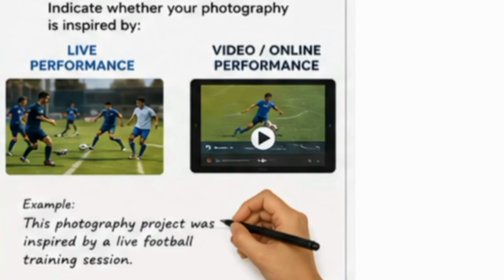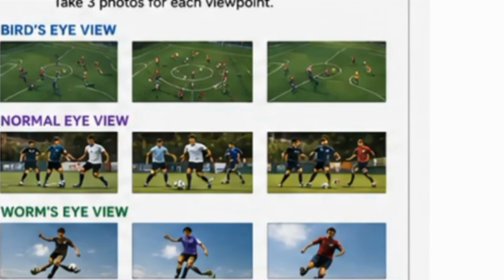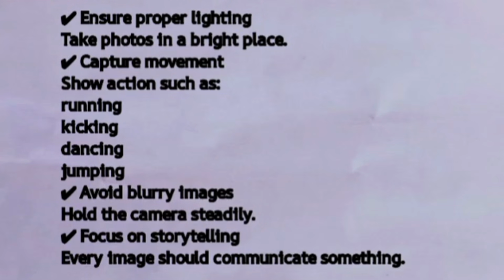Then another area, let's talk about important tips for good photos. Under here, let us ensure that we have proper lighting. Then let us capture movement. Under capturing movement, show actions such as running, kicking, dancing, jumping.